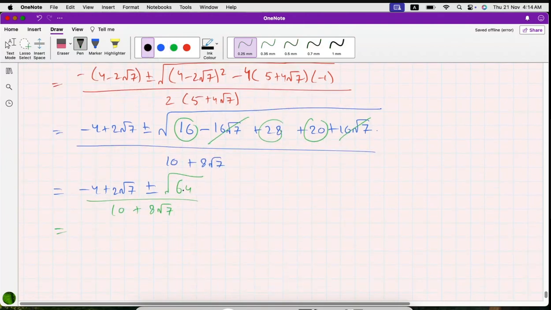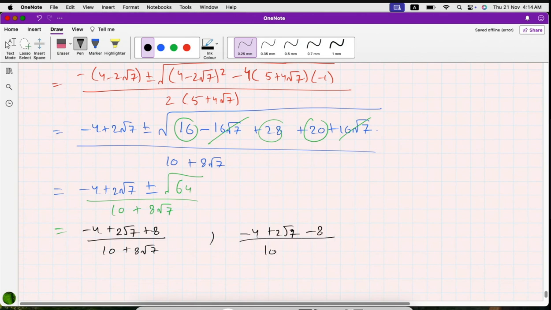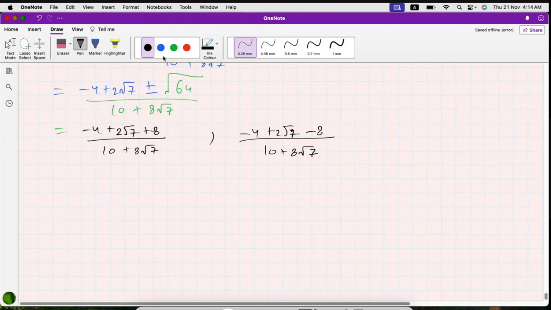Now the square root of 64 is 8. Minus 4 plus 2 square root 7 plus 8 over 10 plus 8 square root 7, and the other one is minus 4 plus 2 square root 7 minus 8 over 10 plus 8 square root 7. Let's finish one first.